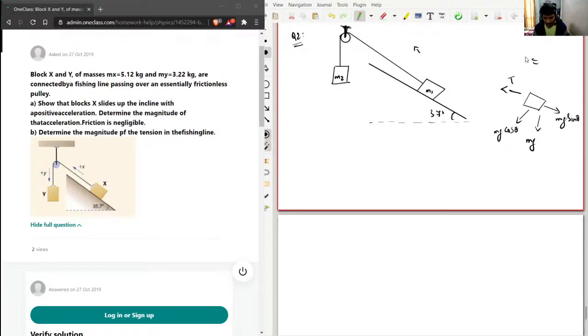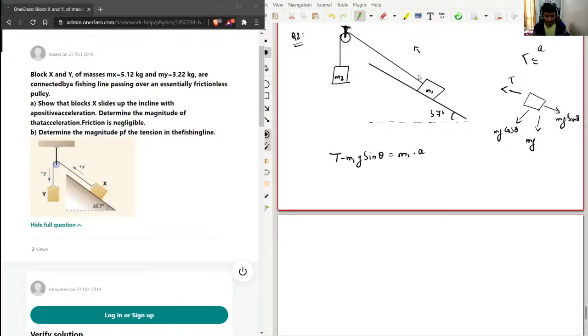And the acceleration is in this direction, so let's say it is a, and I can write the summation of all the forces in this direction, parallel to the surface, so it will be T minus m1 g sin theta equal to m1 into acceleration.